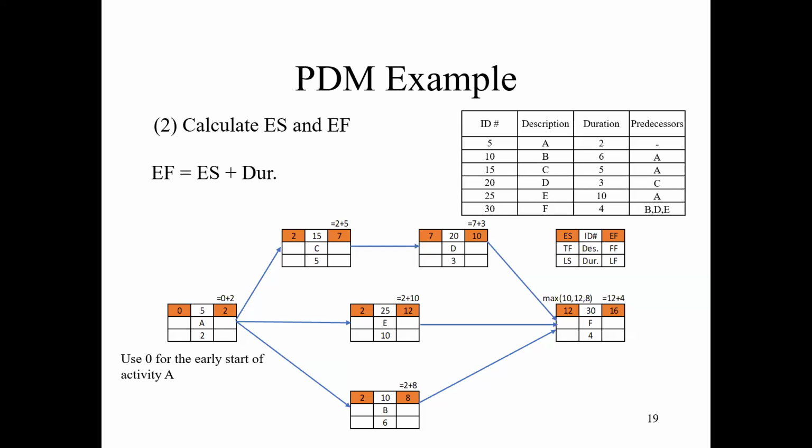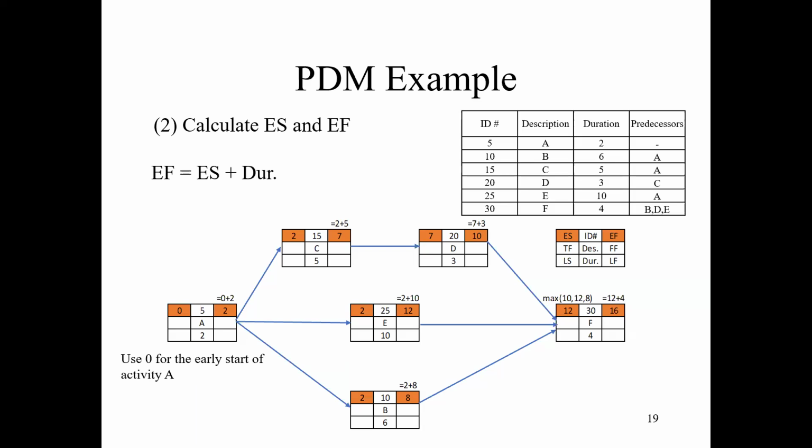And when you're looking for the early start time for C, it actually comes from the early finish time of A. So you move this 2 to here. There's only one relation between A and E, so you move this 2 to here. Only one relation between A and B, move this 2 to here.